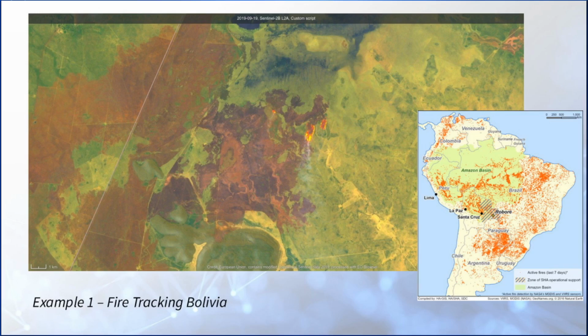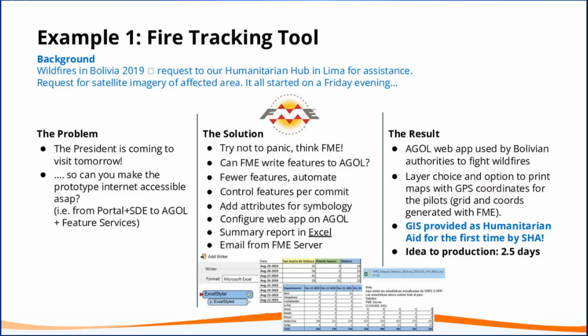So I'll come to the first example here, which is fire tracking in Bolivia. It's an example which illustrates pretty much how dynamic my job can be, and certainly currently is. So yeah, the background was a request from the Bolivian authorities to our humanitarian hub in Lima for some assistance.